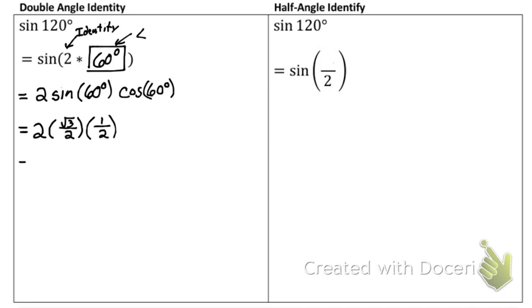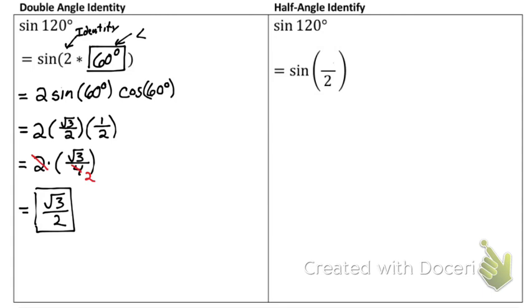So we could turn that into 2 times square root of 3 over 4. But we're going to note this 2 and this 4 are going to cancel out, not completely with the 4, but the 4 is going to turn to a 2. And we're going to be left with square root of 3 over 2. Was that what we expected? Yeah. As long as you put it in right, we should get that exact same value out.